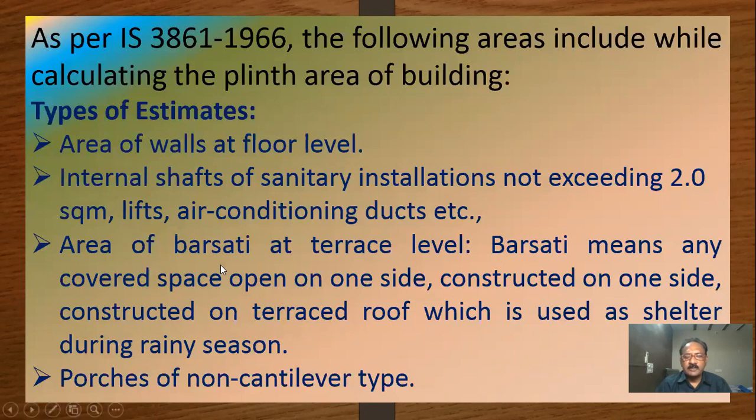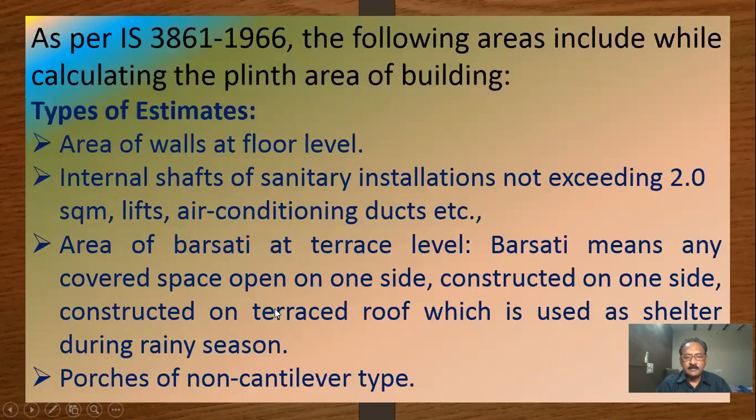Area of Barsati at terrace level, out of the outer walls. Barsati means any covered space open on one side, constructed on terrace roof, which is used as a shelter during rainy season.